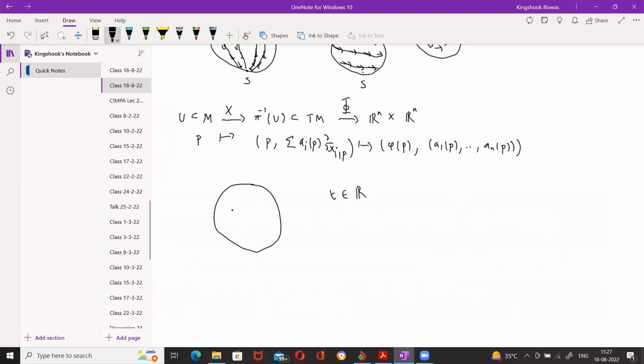Then the local flow is basically I take the integral curve passing through P and I flow along it for time t.